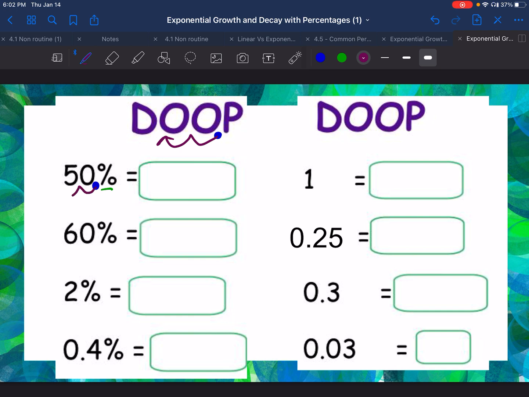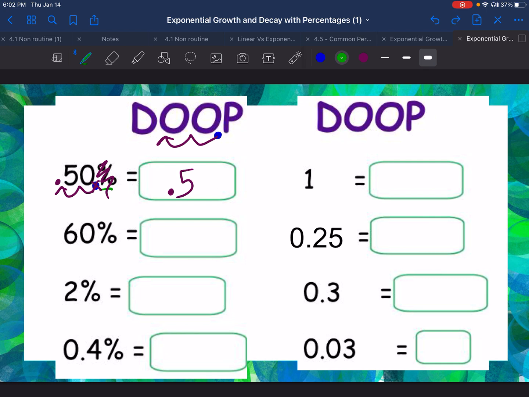I do the same thing with my 50%. My new decimal point is now to the left of the number, and I don't need the old decimal point or the percent sign. And I can write this as either 0.5 or 0.50. Those all mean the same exact thing.